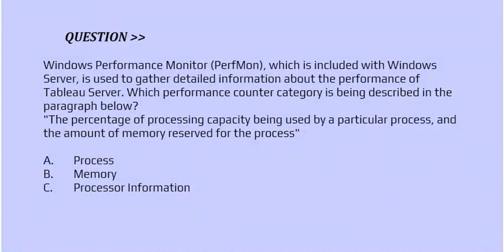The percentage of processing capacity being used by a particular process and the amount of memory reserved for the process. Option A. Process. Option B. Memory. Option C. Processor information. Correct answer is option A.